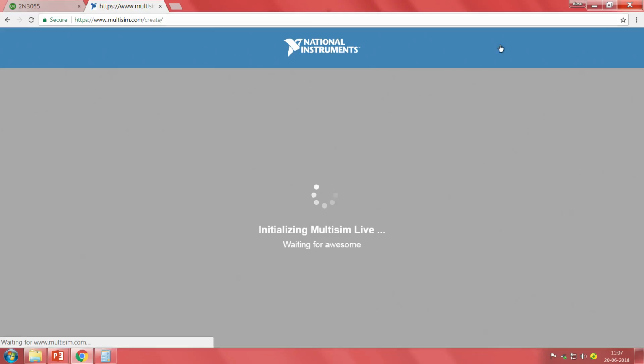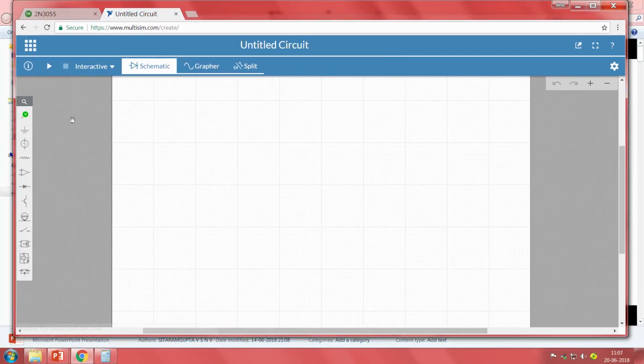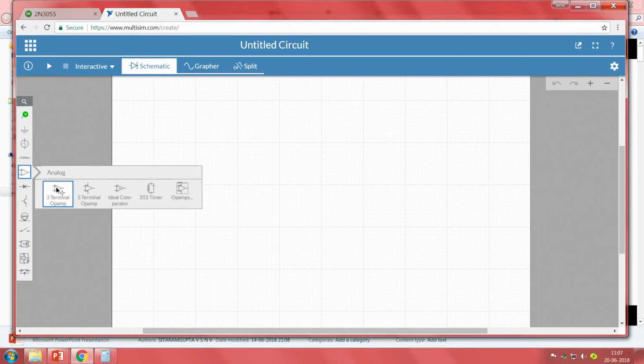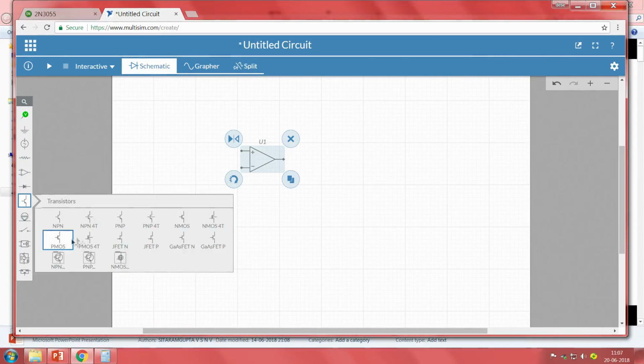So, I will create a new circuit. Since this is not the first time we are using Multisim, I do not want to explain anything. So, we will take an op amp, and we need a transistor. I will go with an NPN transistor.